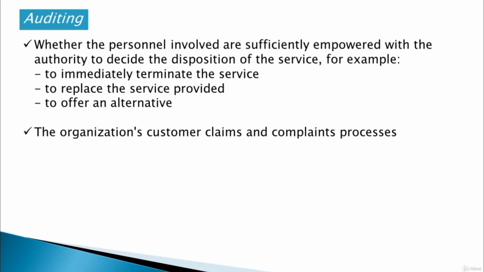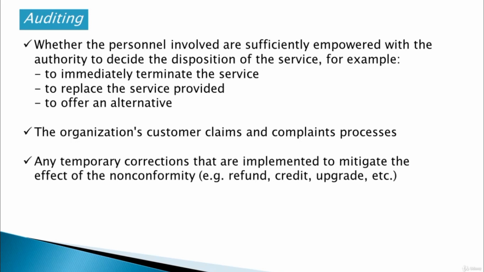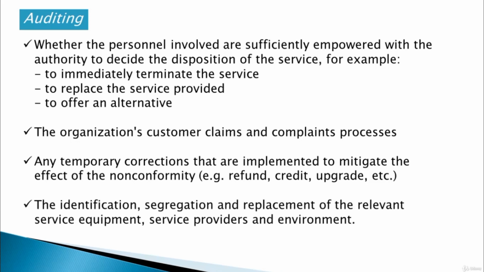Also, the auditor needs to evaluate the organization's customer claims and complaints processes, and also needs to see whether there are any temporary corrections implemented to mitigate the effect of non-conformity, like refund, like credit, like upgrading, etc. And also, the auditor needs to see the identification, the segregation, and replacement of the relevant service equipment and the service providers and environment.